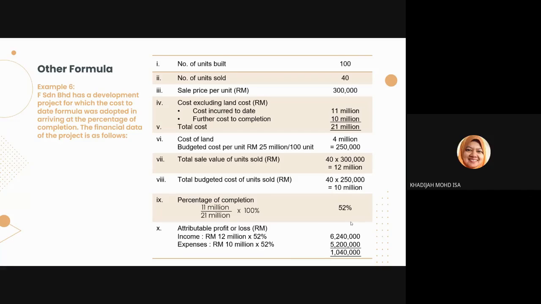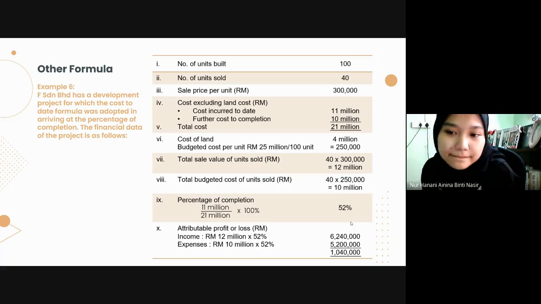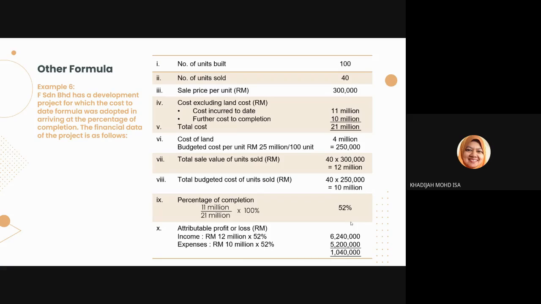Let's say you want to summarize. You have to differentiate between this information, but logically, this formula is based on the percentage of completion. You look at the cost and the sales. Cost to date is 11 million, over the total cost of 21 million.